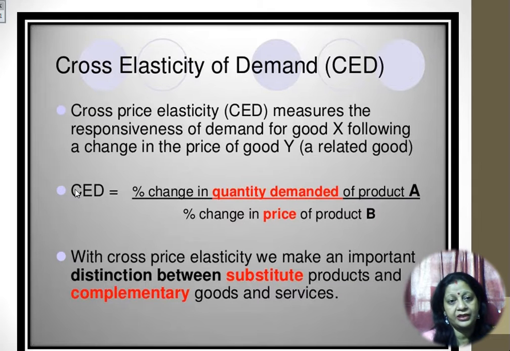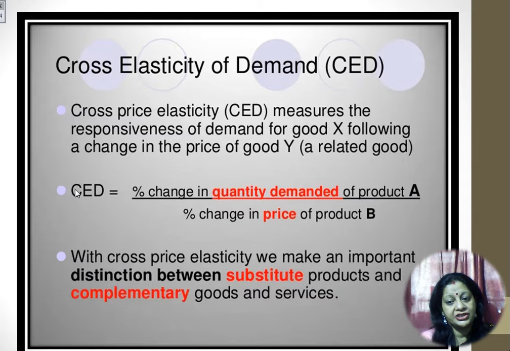That means here we are going to have a discussion of substitutes. So up to what extent the demand of a related good by the consumer is going to increase or decrease, that responsiveness is measured with the concept of cross elasticity of demand.